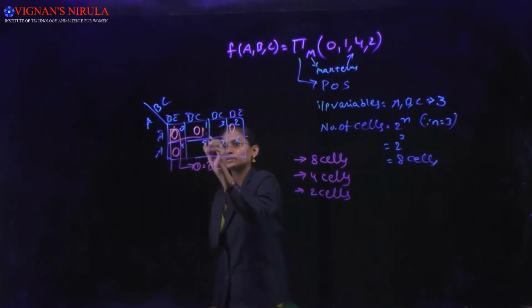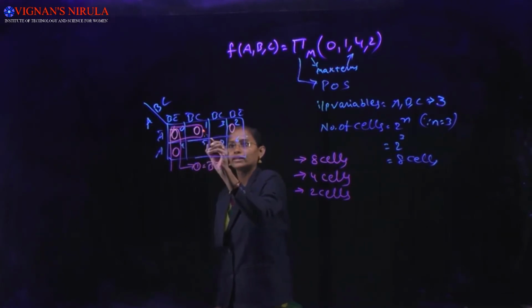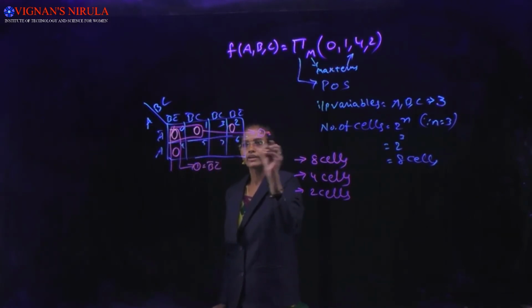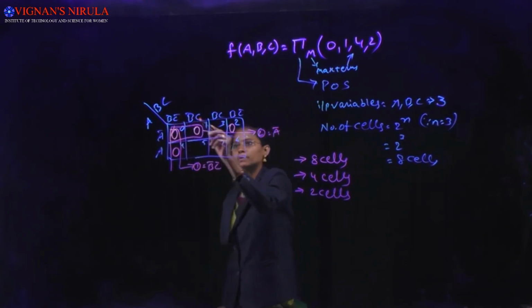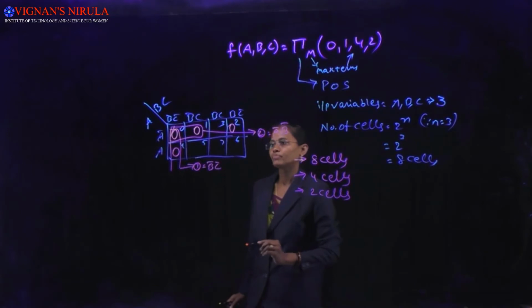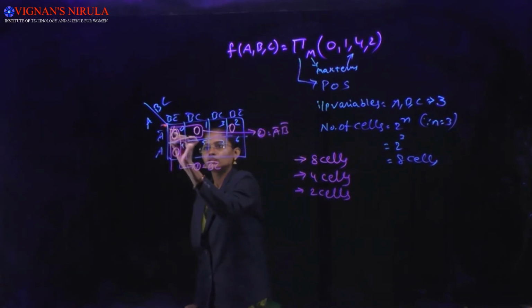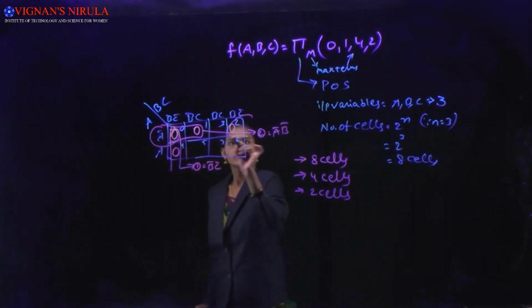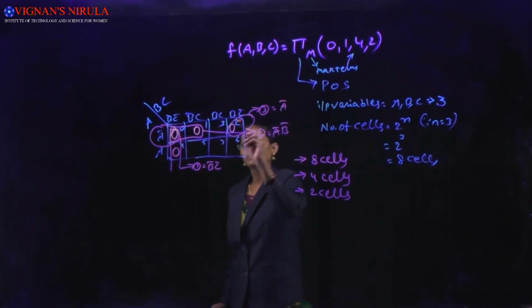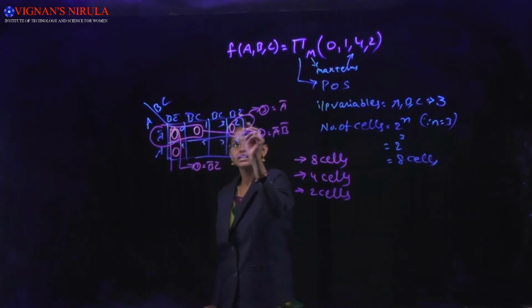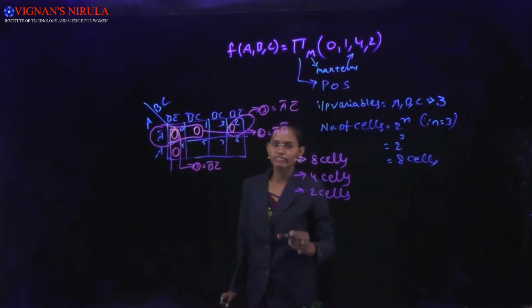The second group is 0, 1, with A bar, and vertically B bar C bar, B bar C, that is B bar. The third group is 0, 2. In the third group, A bar, B bar, C bar, B C bar, C bar is the common variable.